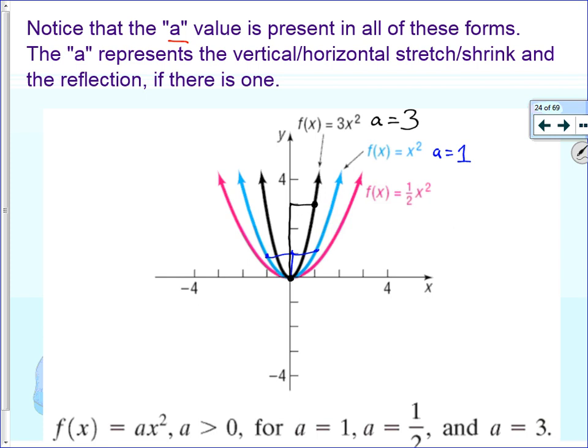So skinnier parabola. Now for the pink parabola, a equals a half. Now this one's a little trickier because it's not up 1 over 2, as one would think when graphing lines. It's up a half over 1.